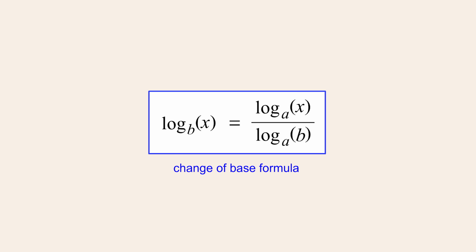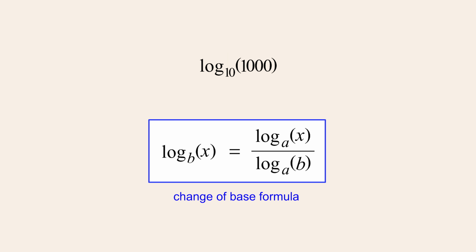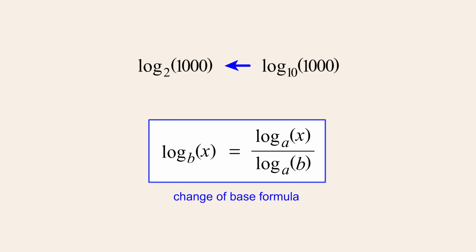As an example, let's change the base 10 log of 1000 to the base 2 log of 1000. We will start by filling in the values for a, b, and x. a is the original log base that we wish to change, so in this example, a is 10.